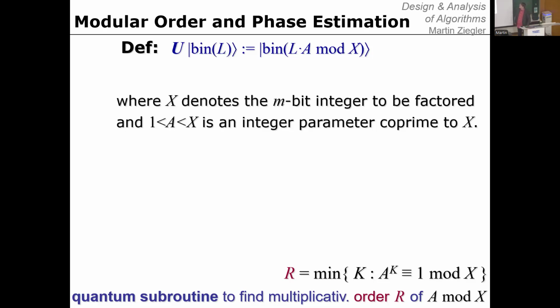We define it on the basis vectors, which are just binary strings of length m, which we consider as the binary encoding of some integer L. And after the transform, the vector is supposed to be a basis vector whose binary encoding is L times a. So basically this is multiplying L by a, but in binary, and it's a linear transform.